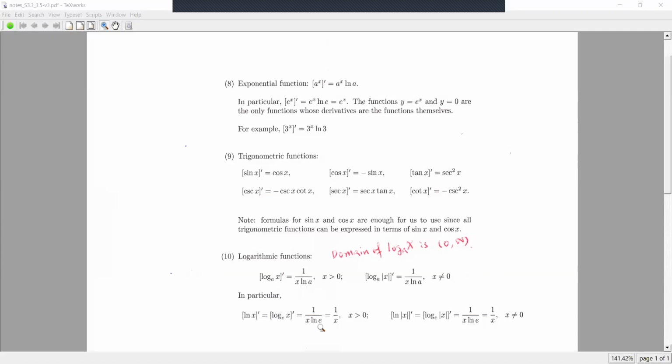Natural log of e is equal to 1, so 1 over x. Derivative of natural log is 1 over x. Similarly, derivative of natural log of absolute value of x is 1 over x.